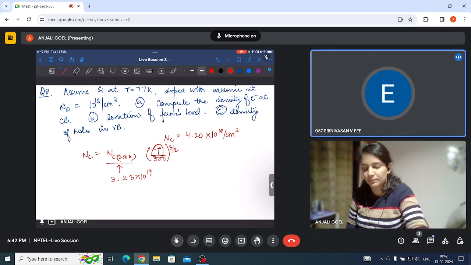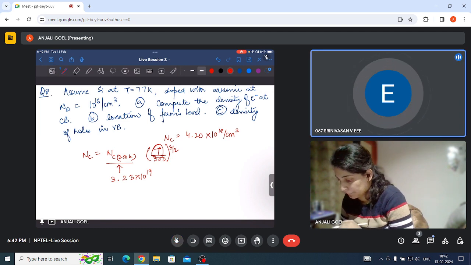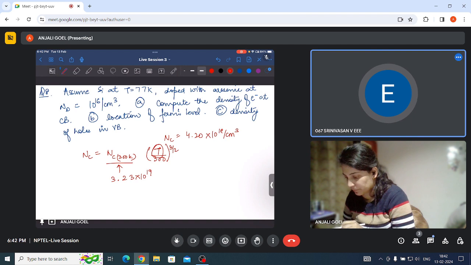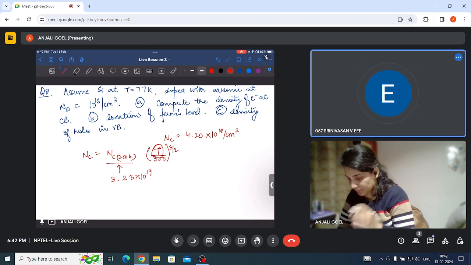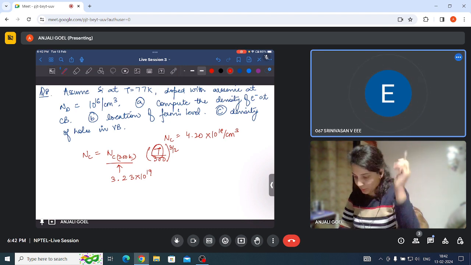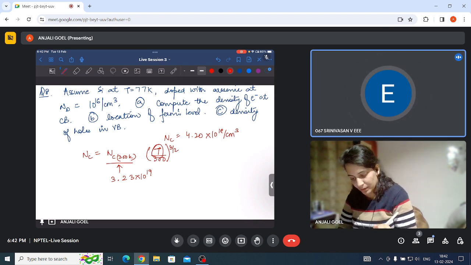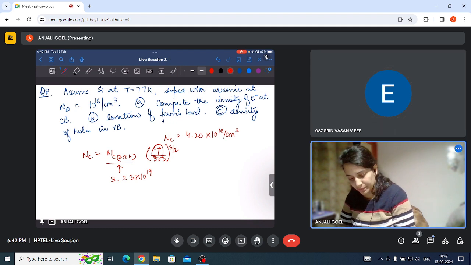Ma'am, the Fermi level is more inclined towards EV, valence band, right? So the number of electrons will be much less in conduction. It will be a p-type semiconductor. So what will be the value?